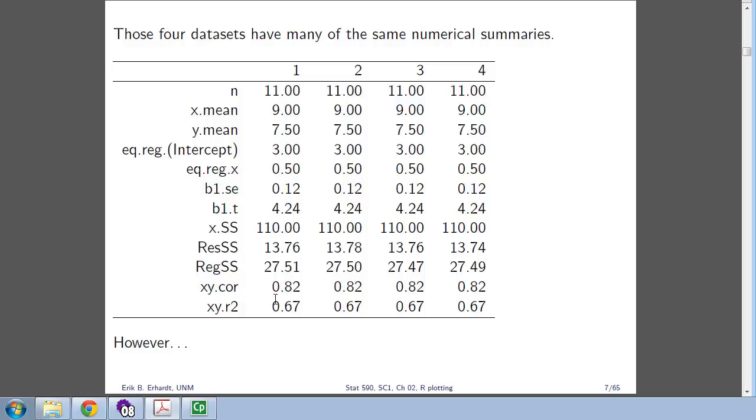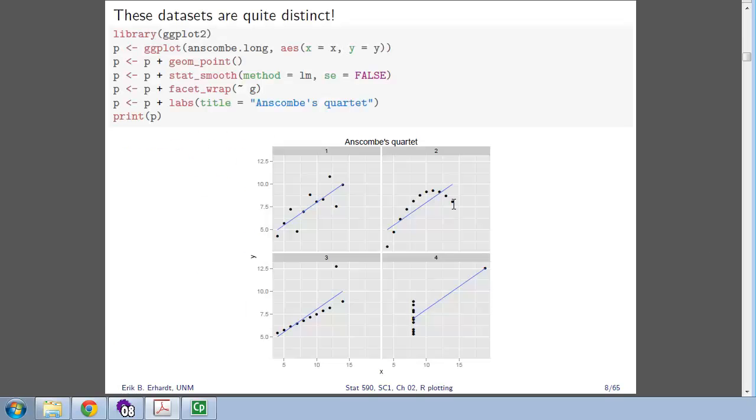We've got an R squared of about 67%, a correlation of 0.82. We have a positive slope, an intercept of 3, and a slope of about 0.5. And so that's what I would imagine when I looked at those numerical summaries.